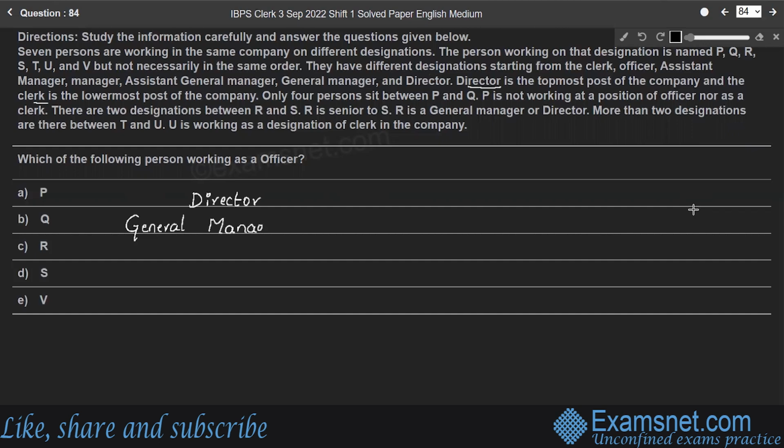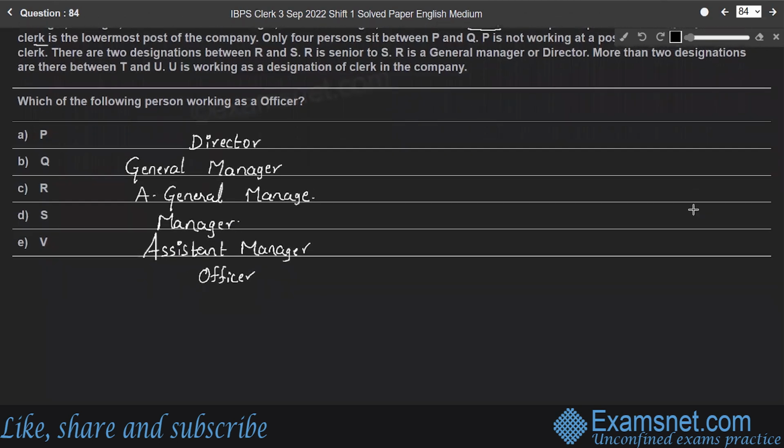Next, assistant general manager. Next designation is manager. Next, assistant manager. And officer, and at last clerk.